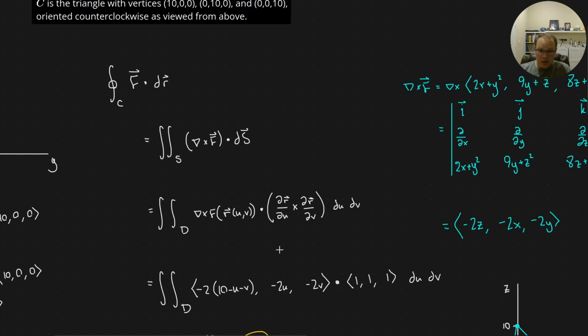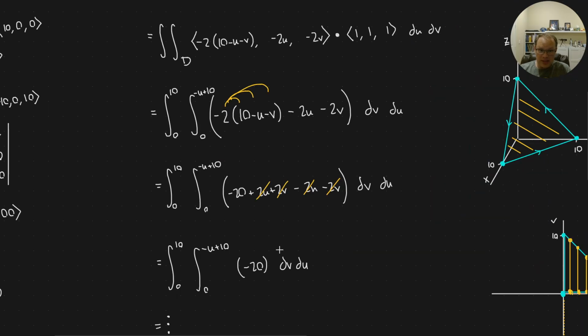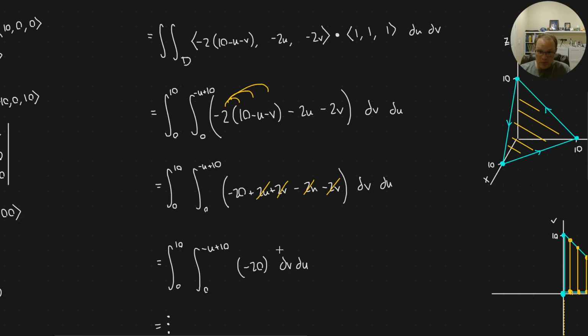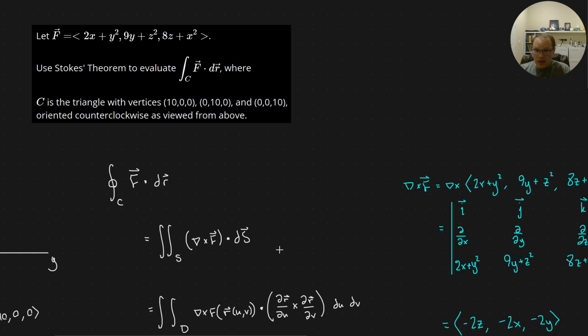Okay? This surface integral took a little work to get set up, but it's much easier to evaluate this surface integral than it would be to evaluate this integral over all three sides of the boundary.